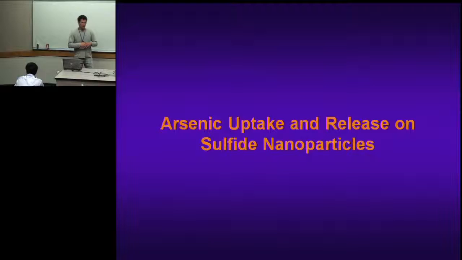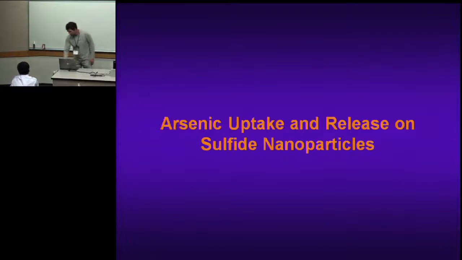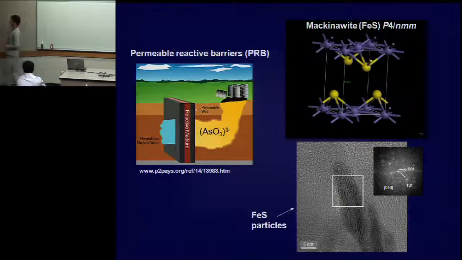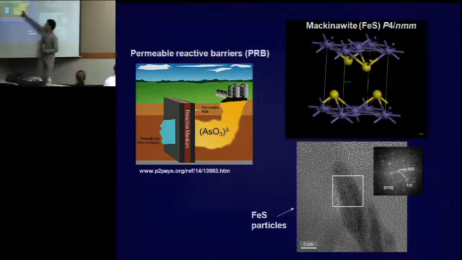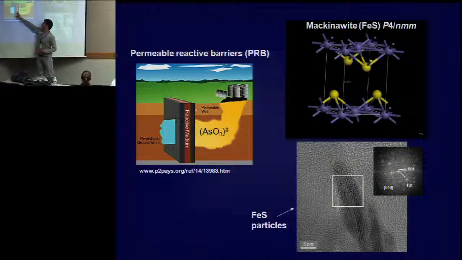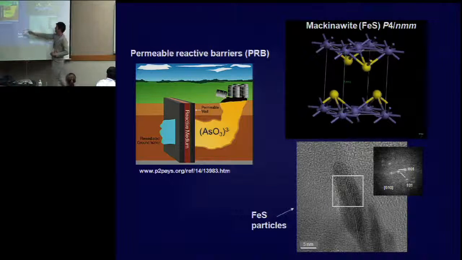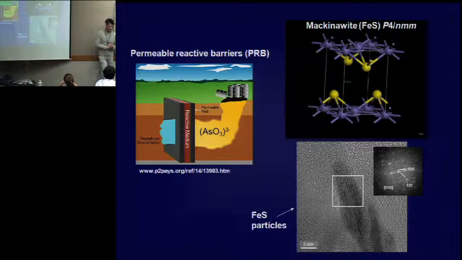And so one idea is, if you have all this arsenic released into nature, how to capture it. One idea is to build these permeable reactive barriers where you have arsenate and you want to reduce it and precipitate it. And the way to reduce it is to use a mineral that's called mackinawite.